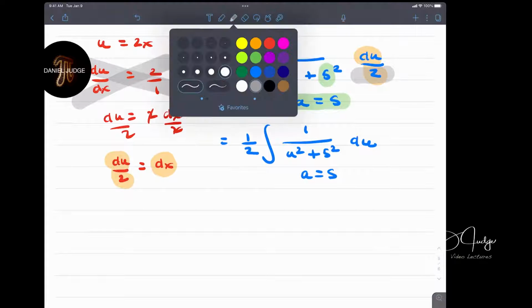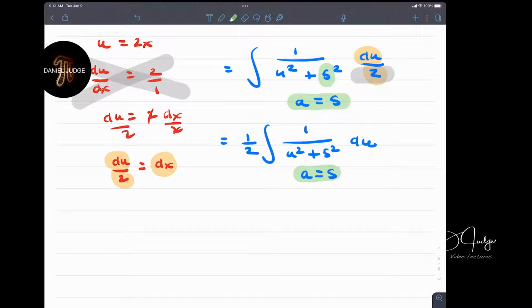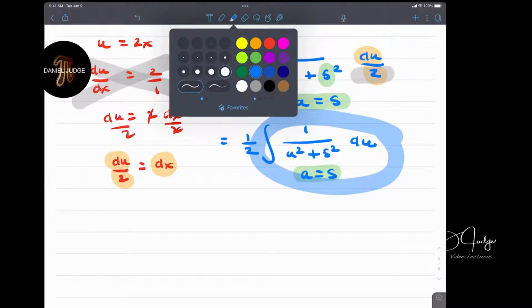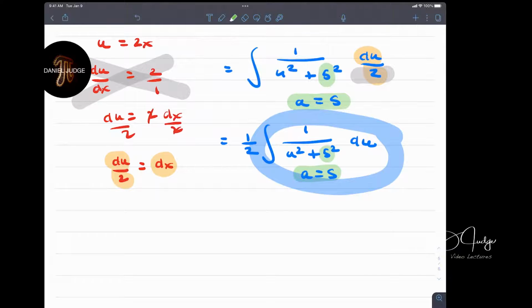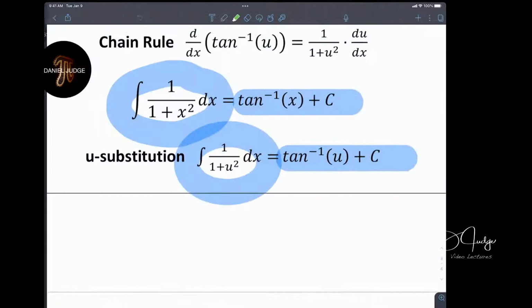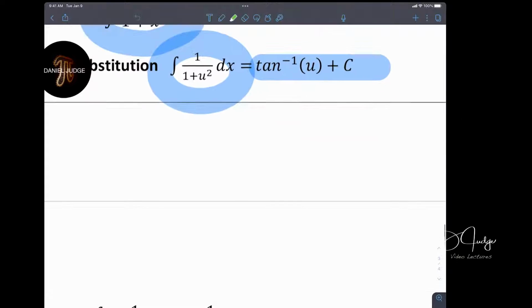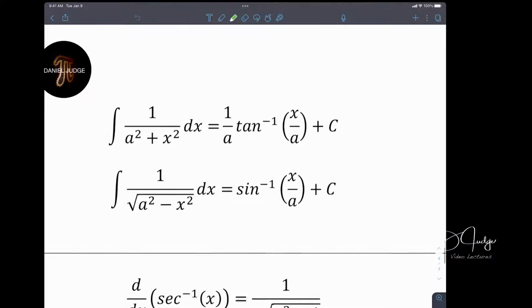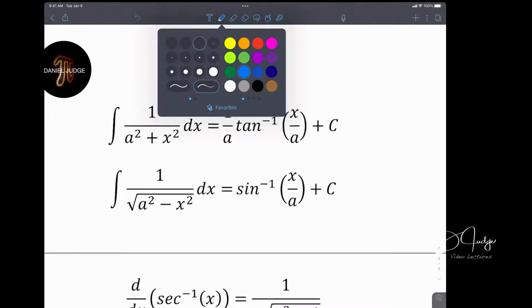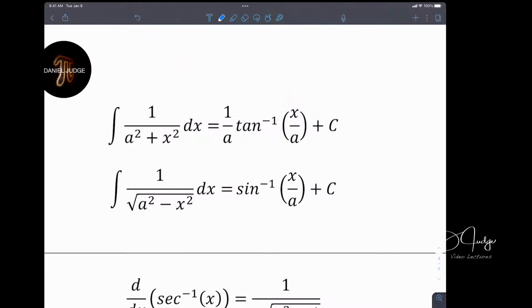We're going to see how this all works, because remember, what you want to now do is identify that formula here. Where do you find that? So go back to that formula list. Now remember, this is a u substitution for inverse tangent. And the one I was looking at, this is the one I'm looking at here. This one is what we're looking for.